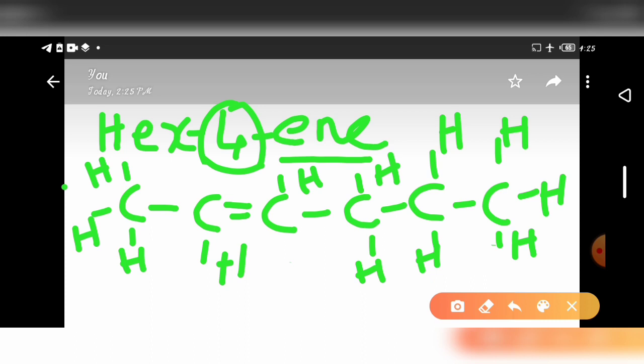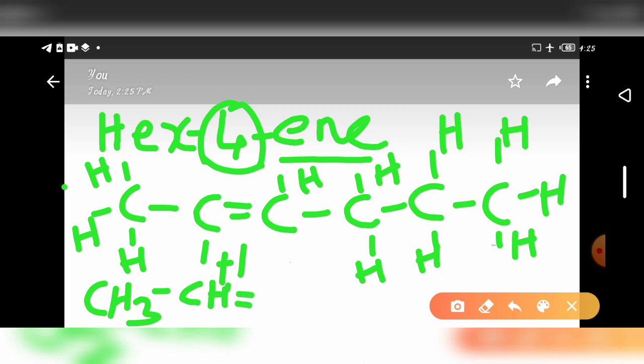From this you have to write the formula. How will you write it? See here, I am writing here. First CH3. Next you put a hyphen. This carbon contains CH, and there is a double bond after CH.